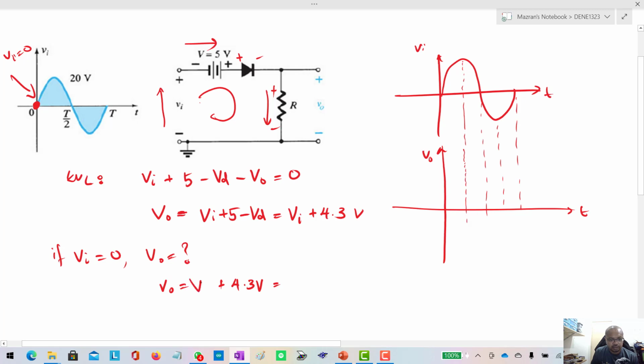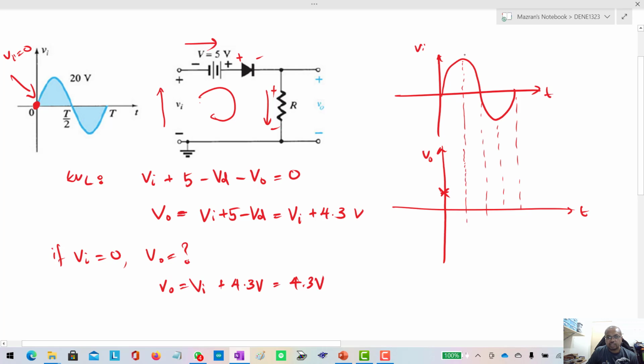When V in equals 0, V out becomes 4.3 volts. So here V out is at 4.3 volts. When V in is 0, V out is 4.3 volts.